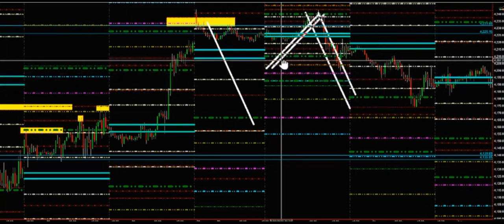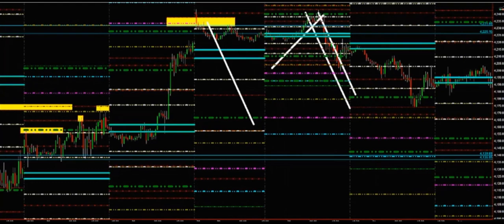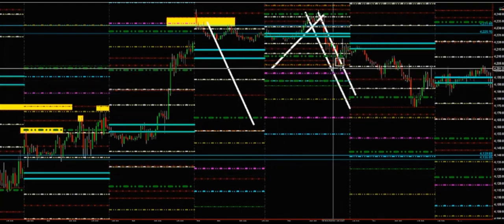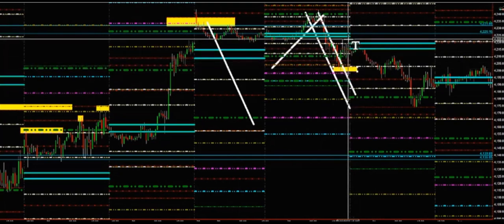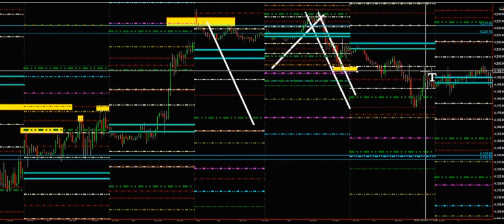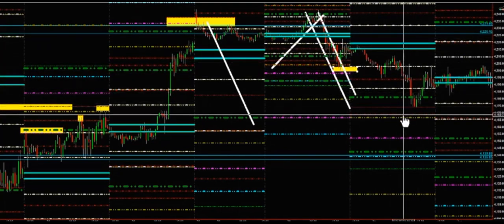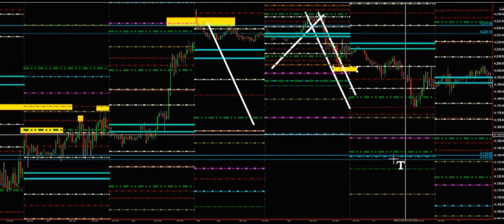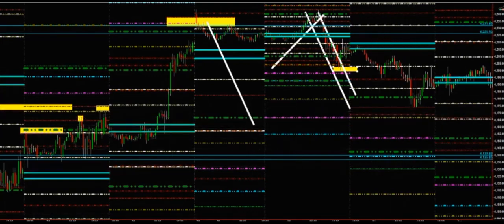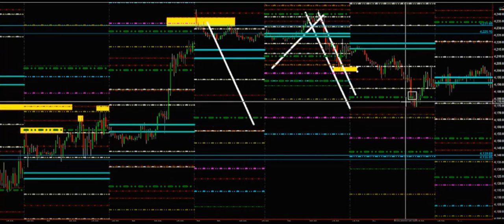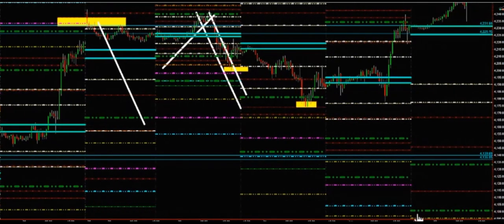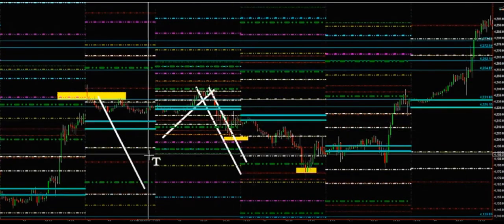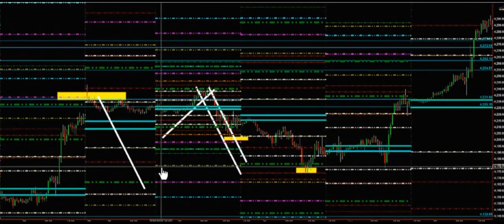Everything is running based on the model I am sharing with you. Right here, bounce here. 20 points, bounce here. 20 points. The point is, the points of reversal are known. Everything is driven by these blue lines.